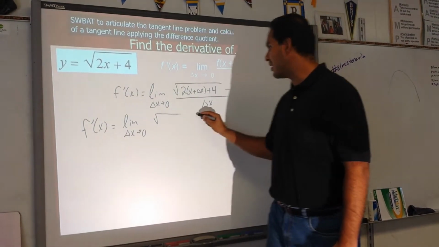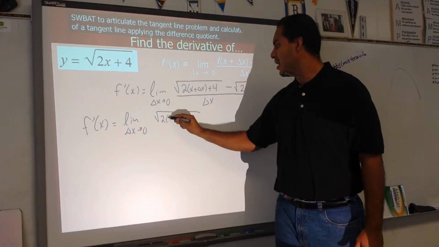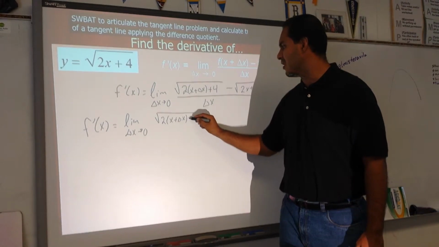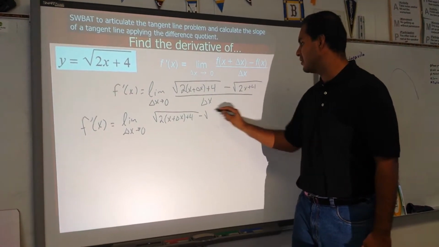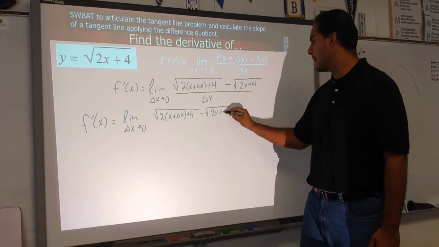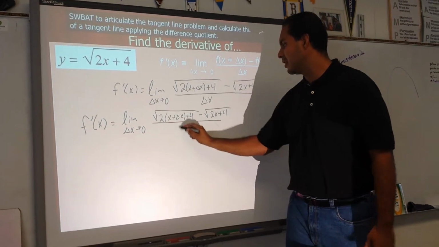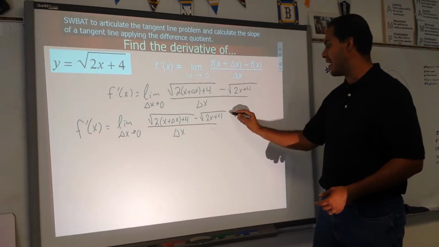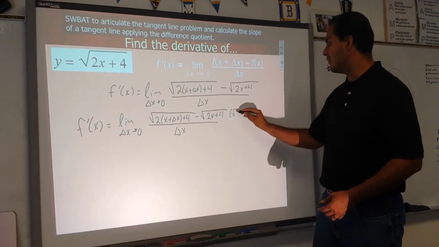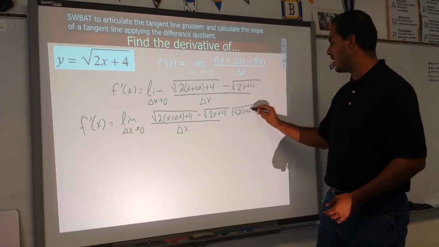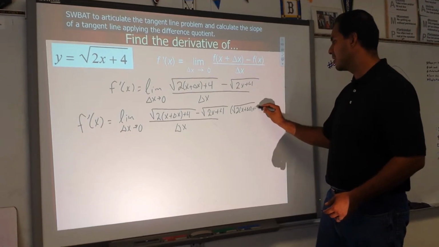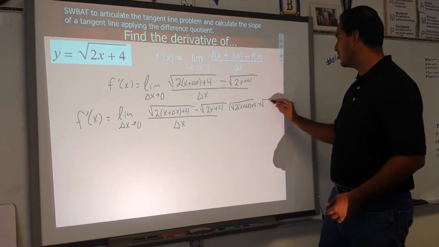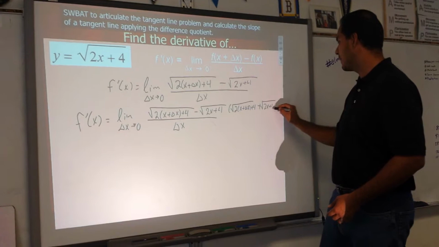That technique applies an idea that you may have learned with imaginary numbers in Algebra 2 called the conjugate. We're going to take this limit and multiply it by the conjugate of the numerator, and that is the square root of 2x plus delta x plus 4, plus the square root of 2x plus 4.